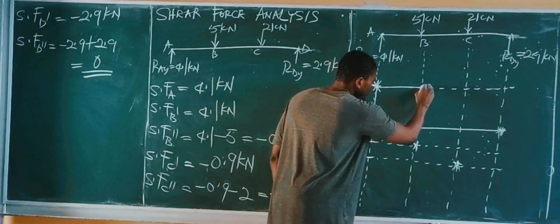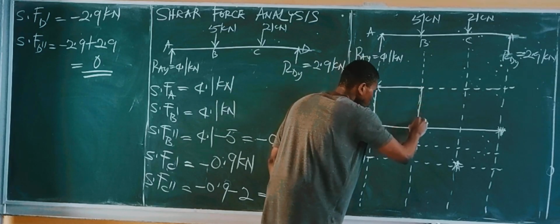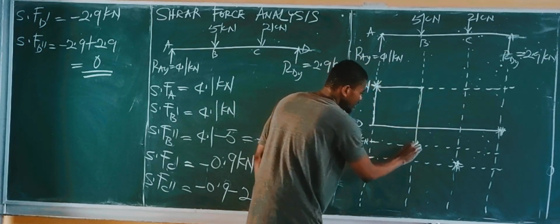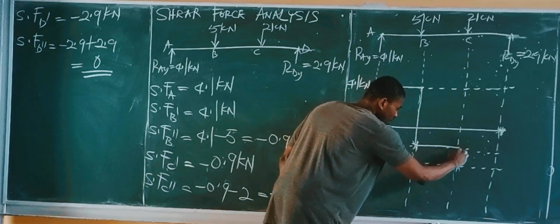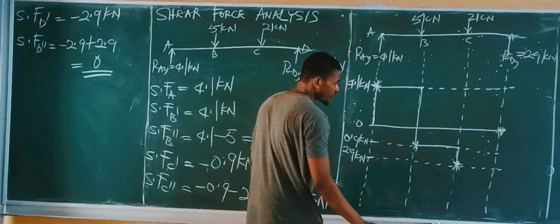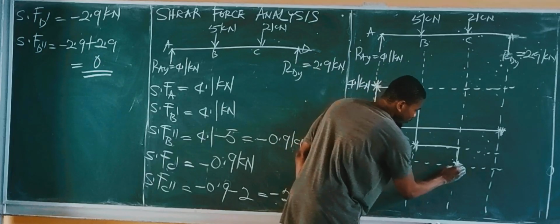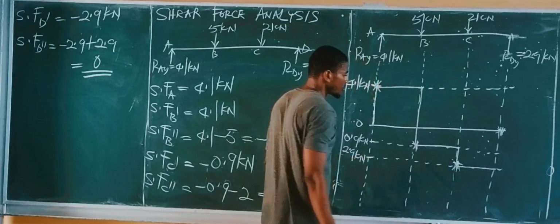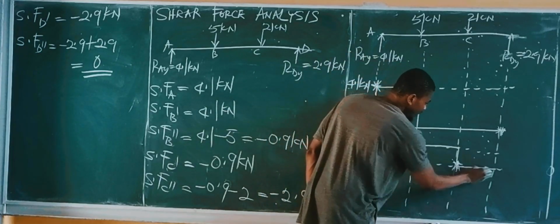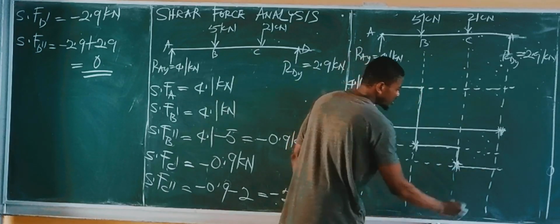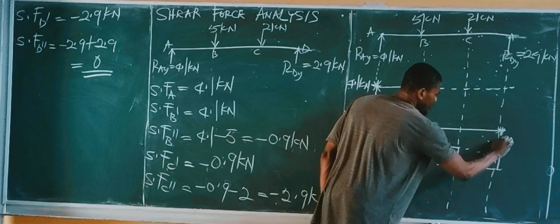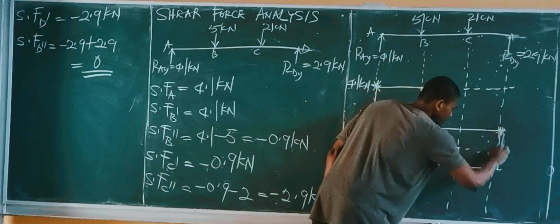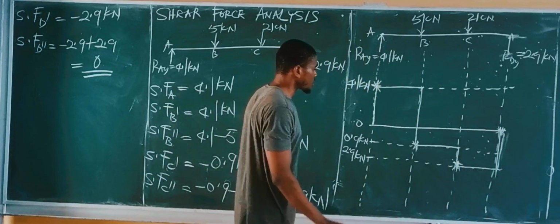This 0.9 kilonewtons force moves from this point to point C. Then this force moves from point C down to point D. And at point D, we encounter an upward force of 2.9 kilonewtons, so you connect it up, and then you have it.